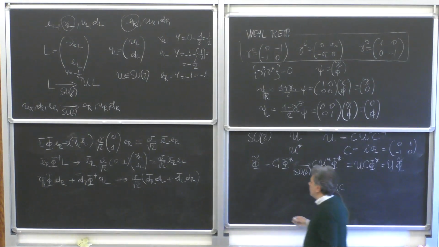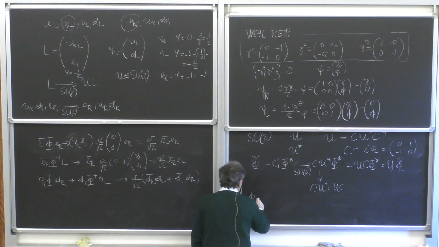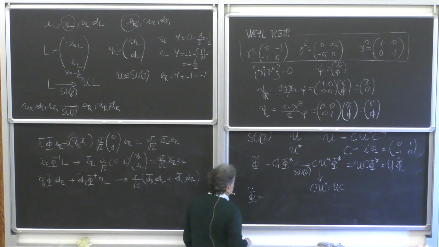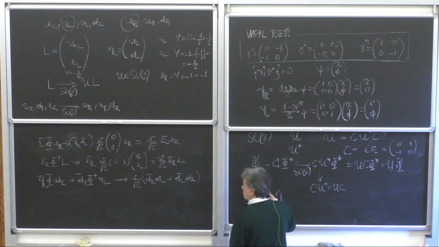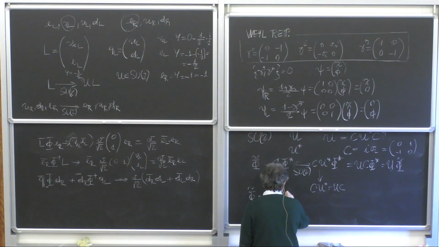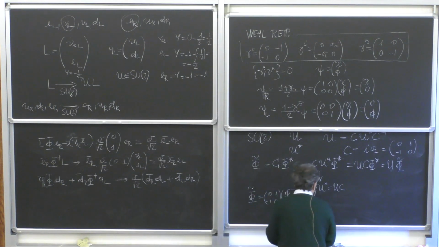But if you try to explicitly write what this field is, so phi star, this is phi minus, phi 0.